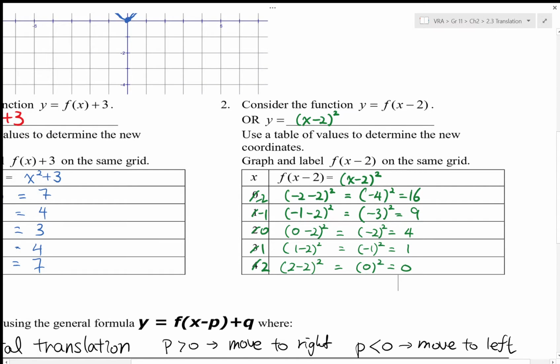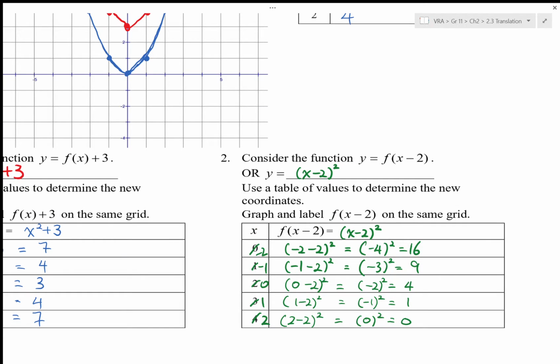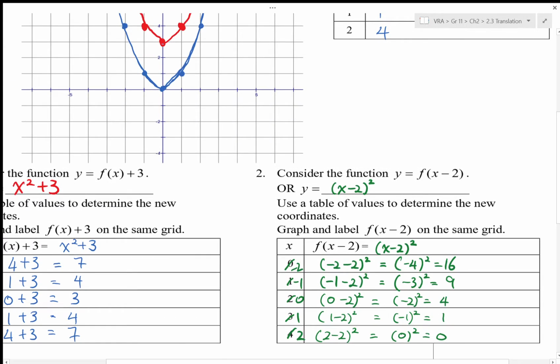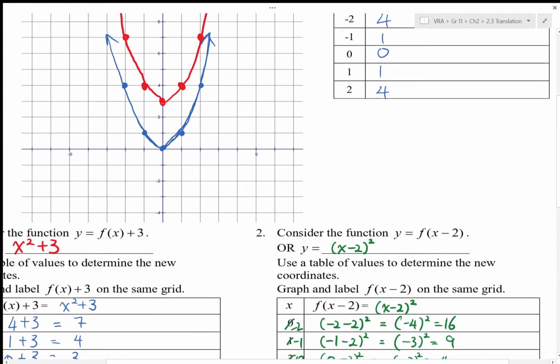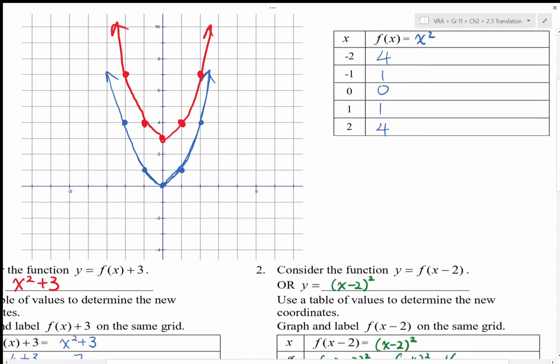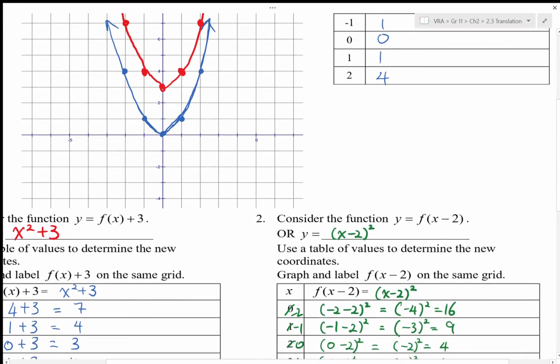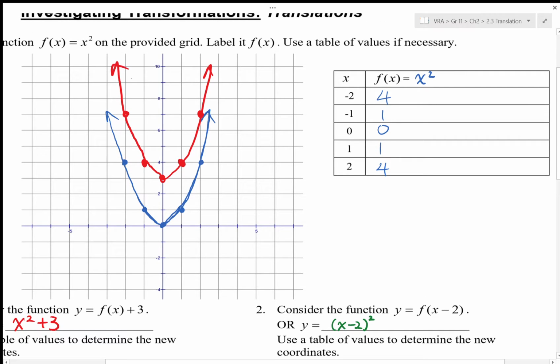Now, it seems it's only covering the left side or the right side of the parabola, but we'll see, okay? So if you plot this, when x equals -2, it's at positive 16. The grid doesn't have 16, so we're going to skip. Now, when the x is -1, it's at 9.